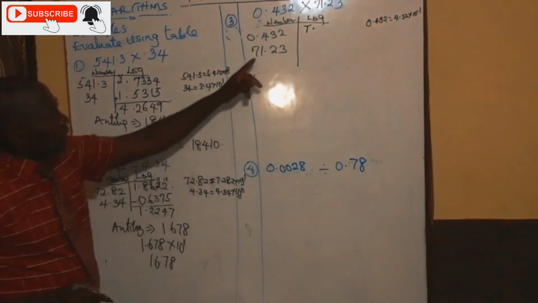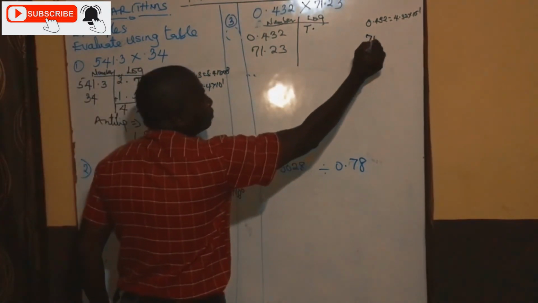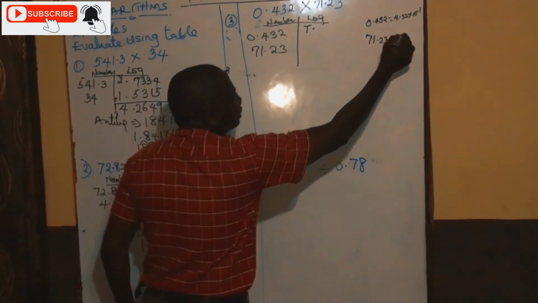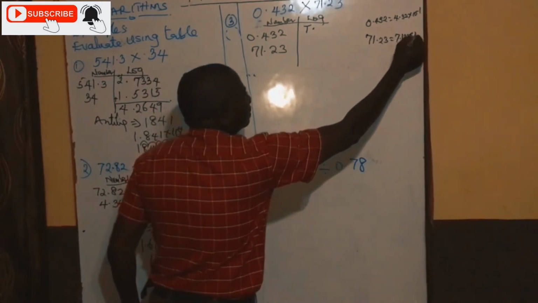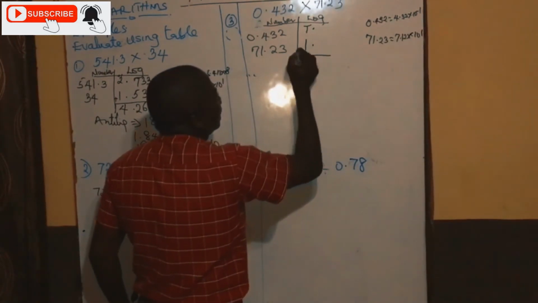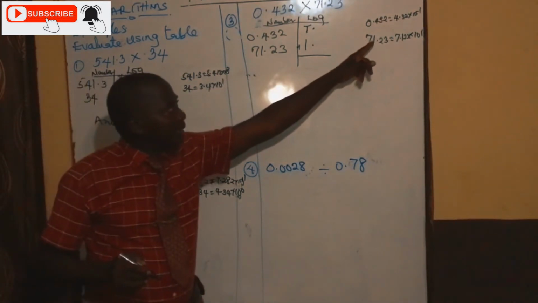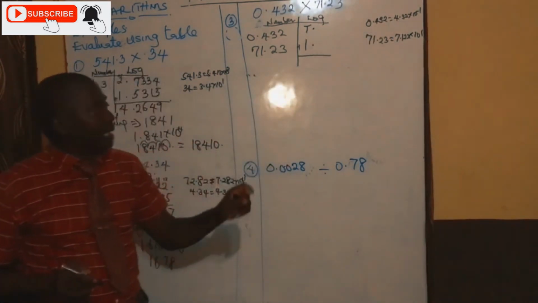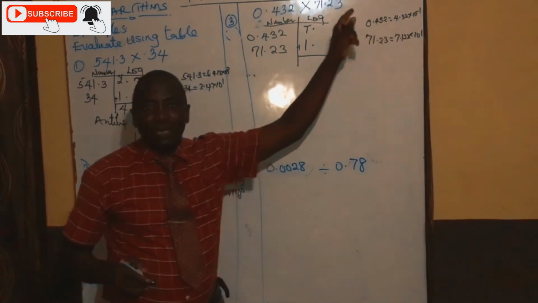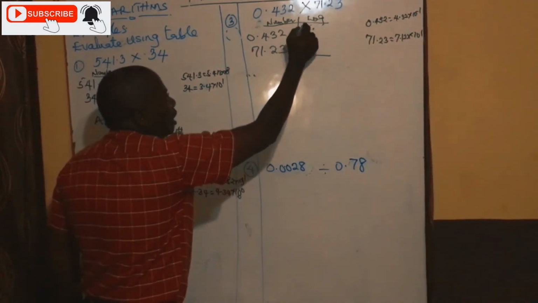And what is the characteristic of this one? We also write it in standard form. 71.23 is 7.123 times 10 raised to power 1. This is 1. Then this will be added together. Take note, write it in standard form, pick the power of 10. And we have said when the power of 10 is negative, it will now come to a bar, bar 1.